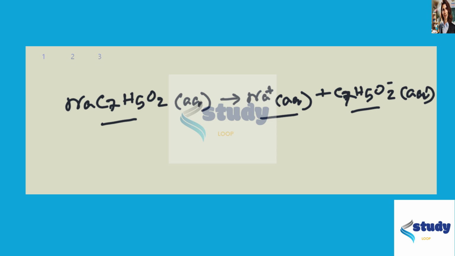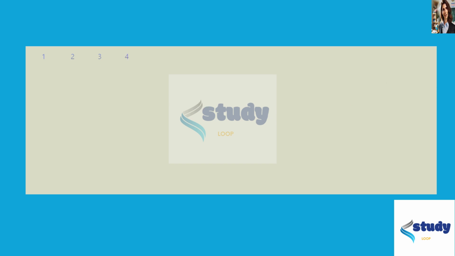And that means the total moles of solute will be 1 mole of benzoic acid plus 2 moles of sodium benzoate.